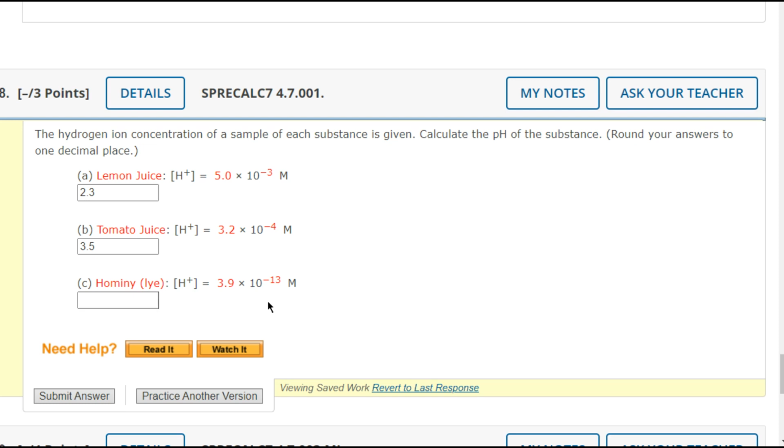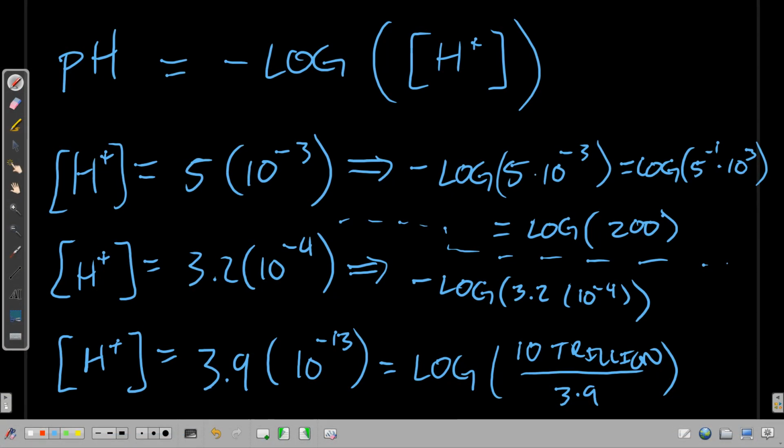So here's even another way we can look at this that would be useful for your understanding of what's happening with the log. So back to the lemon juice, minus log of 5 times 10 to the minus 3.